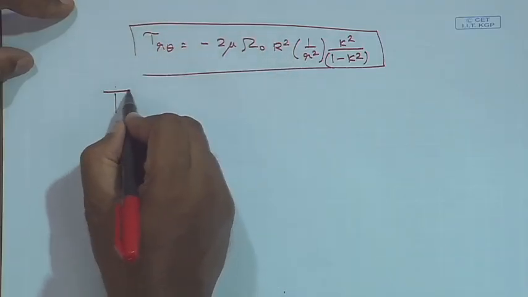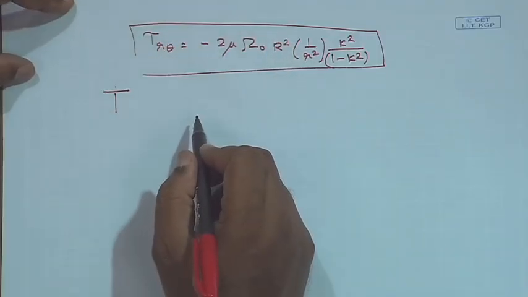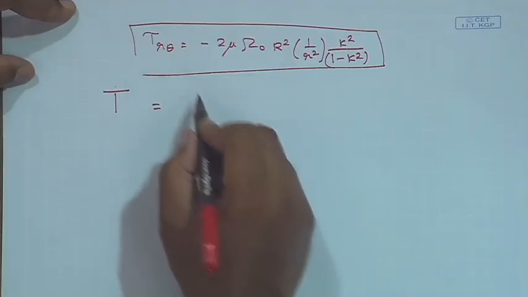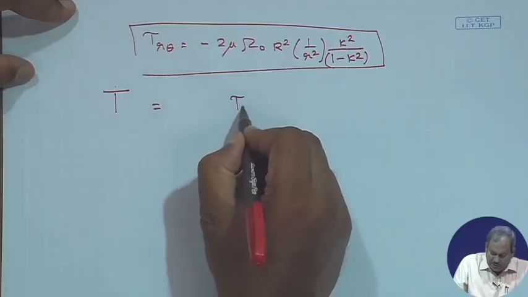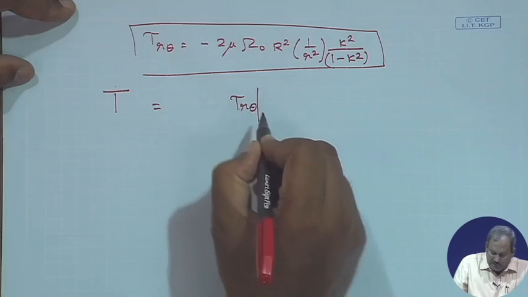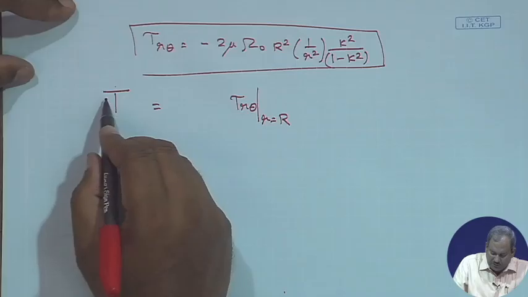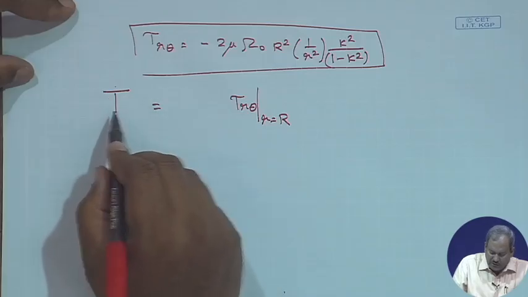The torque T required to turn the outer shaft is equal to the force. The force would be tau r theta, but it is evaluated at r equals capital R, since it is the torque needed to rotate the outer shaft.